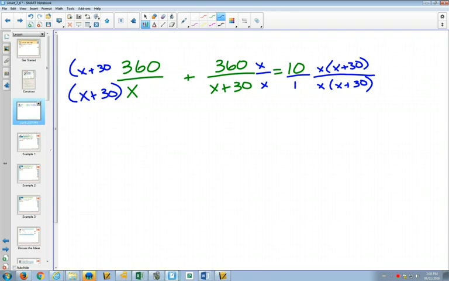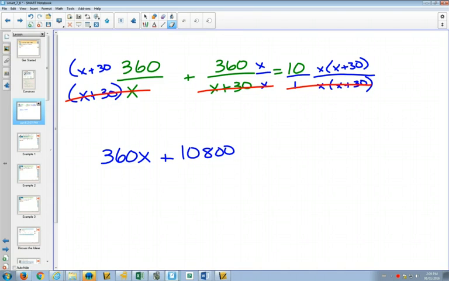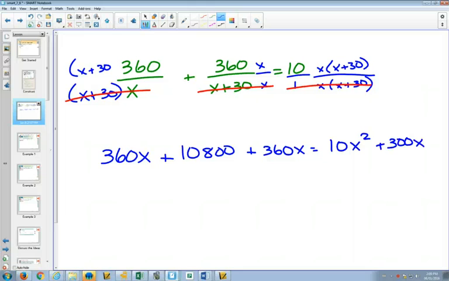And once we have that common denominator, we're going to get 360x plus, some big numbers here, 10,800? No, 1,080. Plus 360x equals 10x squared plus 300x.